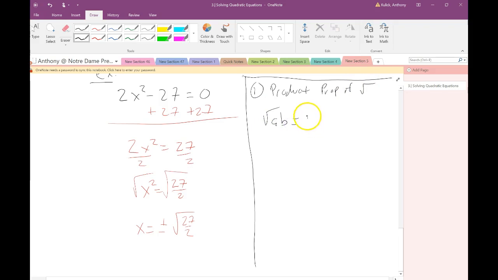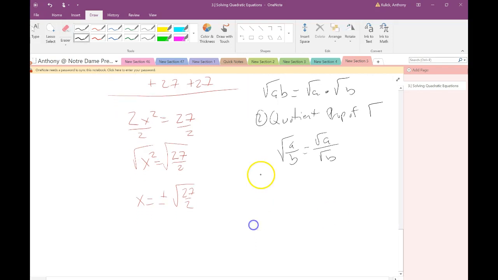It says the square root of a product is the product of the square roots. And then we also have a quotient property. That says the square root of a quotient is the quotient of the square roots.